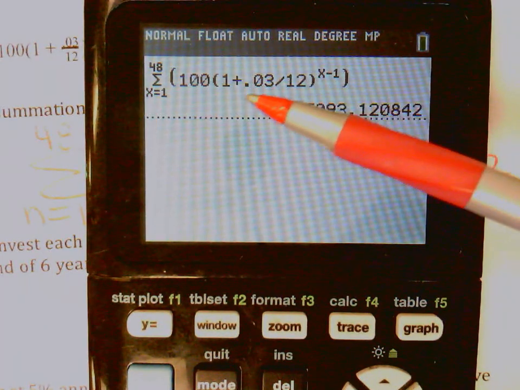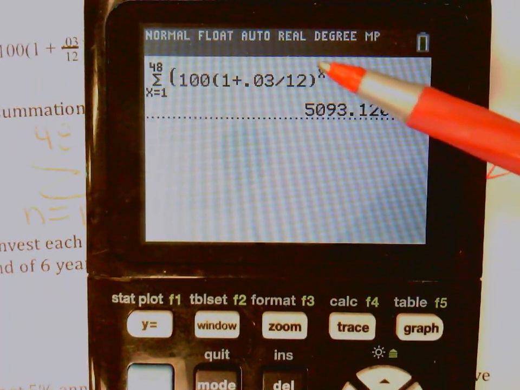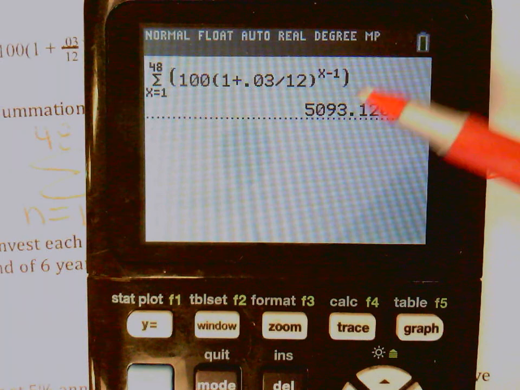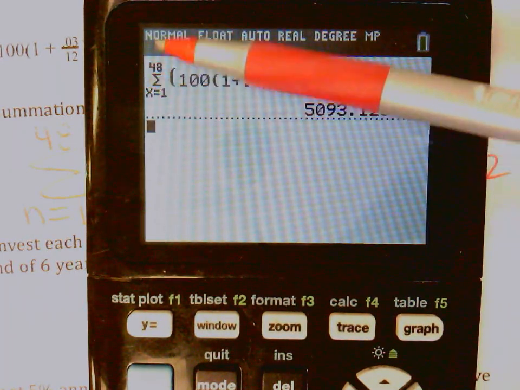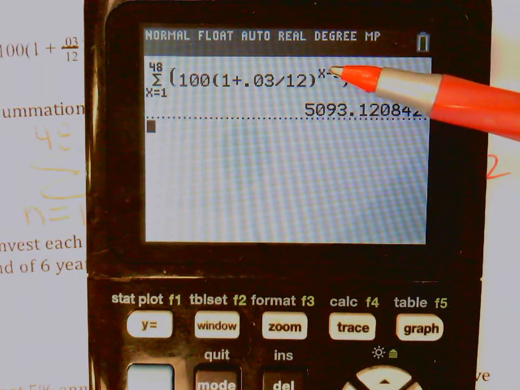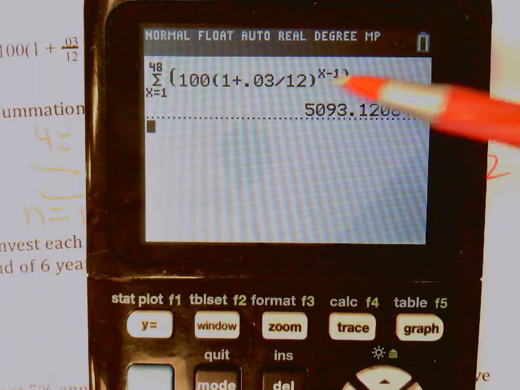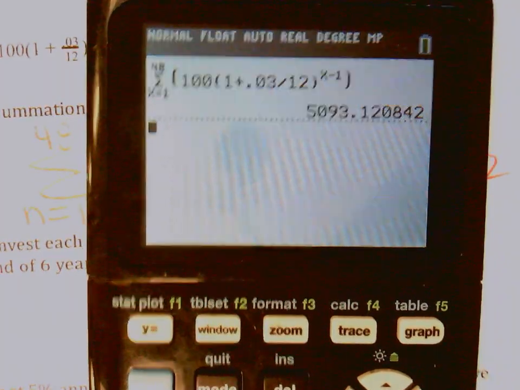So that's basically your interest rate. And then the n minus 1 power has to be inside the summation. So the summation tells you how many months to do it for, and n minus 1 up here allows you to plug in the first month, plug in the second month. There has to be somewhere to plug in for n. Did we get that now? Maybe.